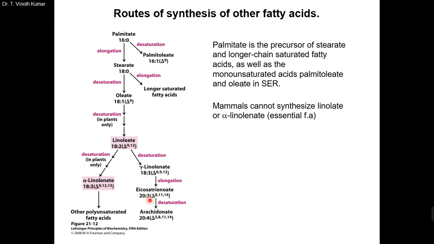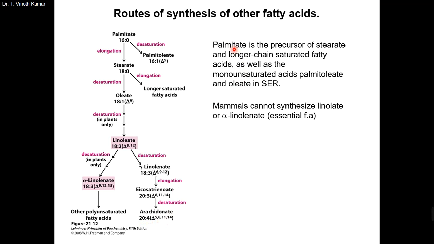It is 20:3, 20 carbons and 3 double bonds, at delta 8, delta 11, and delta 14. And by desaturation, this will form arachidonic acid. Arachidonic acid is a very important product of fatty acid synthesis, with 20 carbon atoms and 4 double bonds: delta 5, delta 8, delta 11, and delta 14.